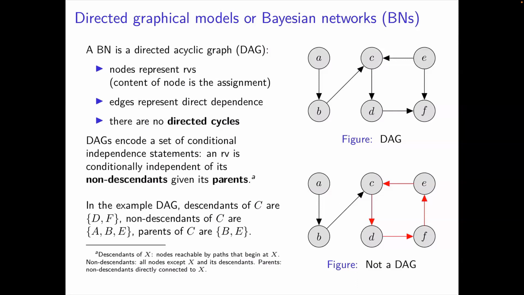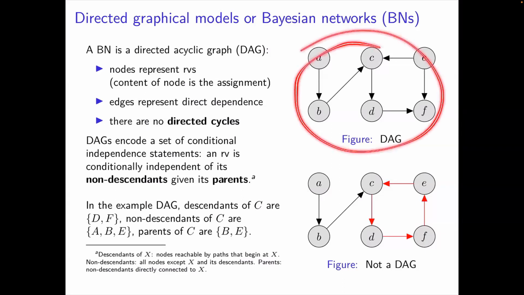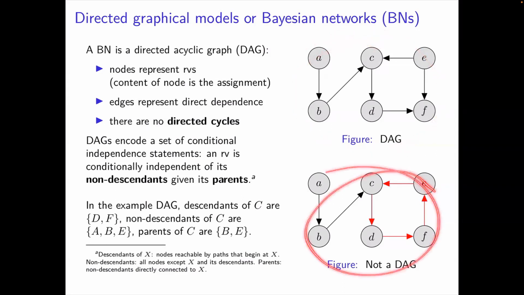The edges represent statistical dependence, and they are directed, meaning that you need to know A in order to have sufficient statistical information about B. And that's sufficient in the sense that you are only able to assign probability to B if you know an assignment of A. There are no directed cycles, and that's the difference between the DAG, which is the top diagram, and the other diagram, which is not a DAG, because it has a directed cycle.